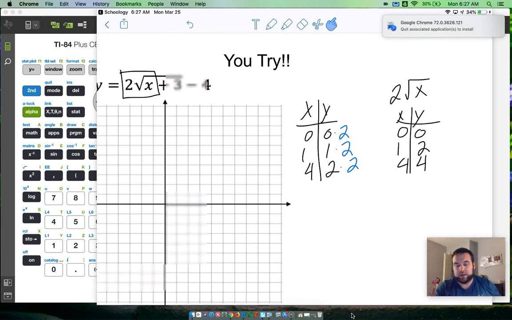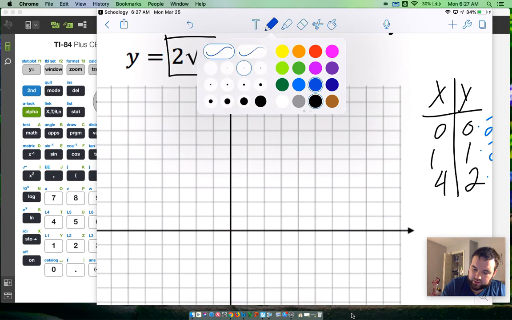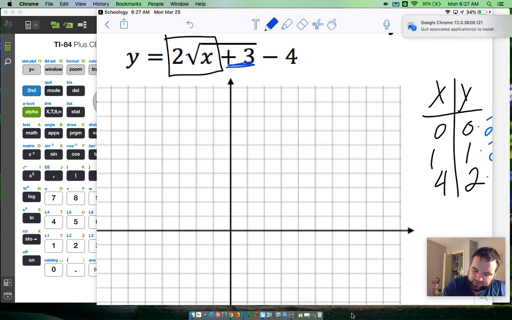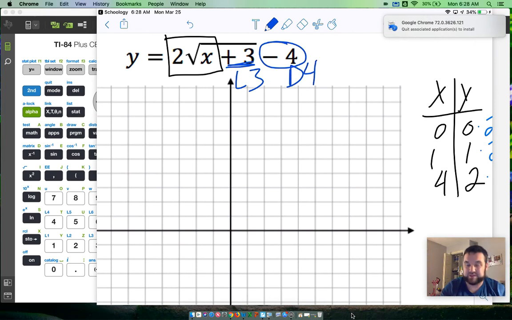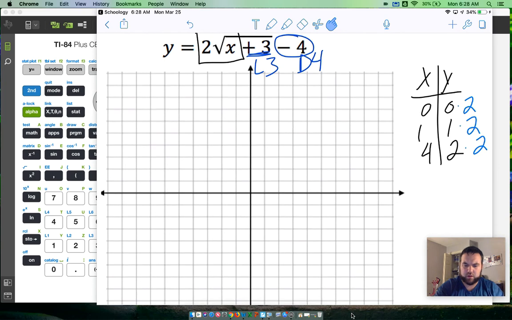Okay. Now here's what I like to do with this. I know that plus 3 is going to move me left 3, and that minus 4 is going to move the entire function down 4. So what I'm going to do, and this is kind of goofy, if you had me for first trimester, we did parabolas the same way, is I'm going to take 0, 0, and I'm going to move just that point left 3 and down 4.